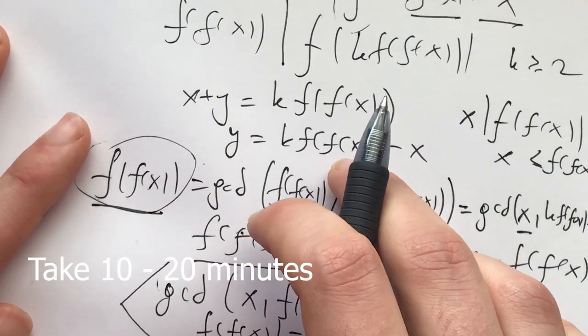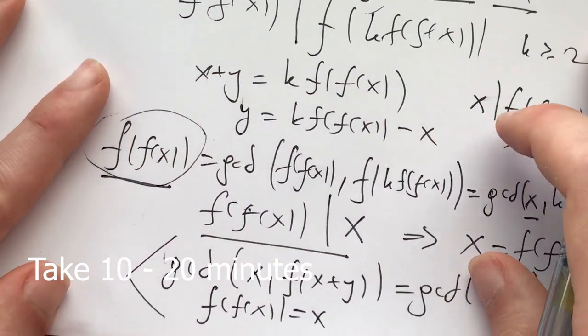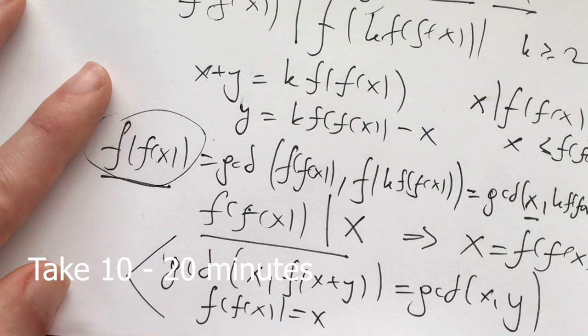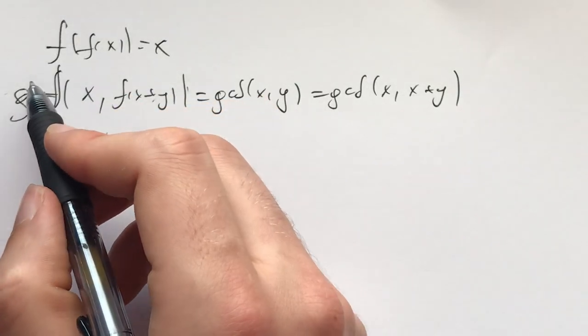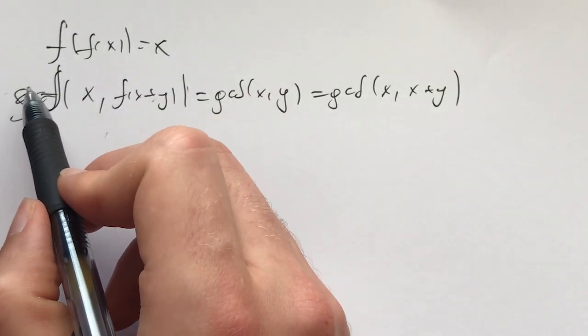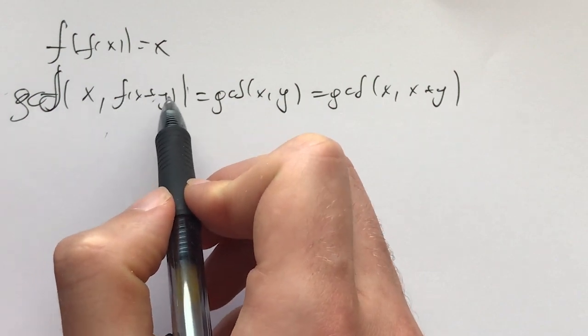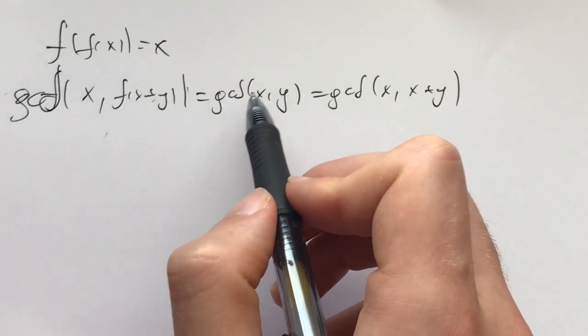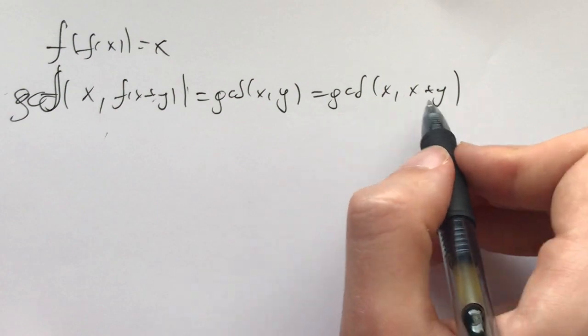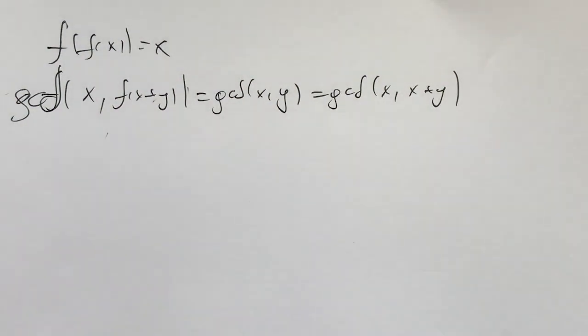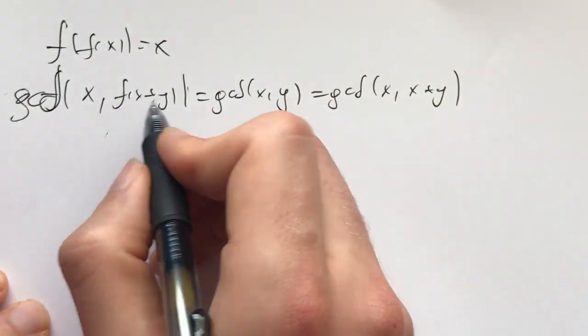Now I will give you at least 10 to 20 minutes to work on this. Here's the next step. So this is our function. The f of x is x, and GCD of x and f of x plus y is equal to the GCD of x and y, which is equal to the GCD of x and x plus y. And the reason I write it like this is because look at f.